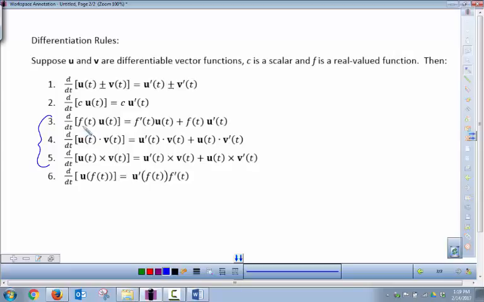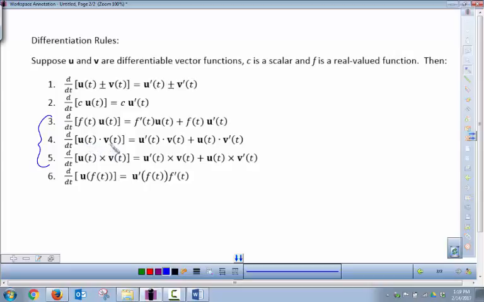Like the first one, it's f of t, and f is a scalar function, just a regular function, and u of t is a vector function. So f of t is a scalar, u of t is a vector, and so this multiplication is actually a scalar multiplication, when you scale a vector.